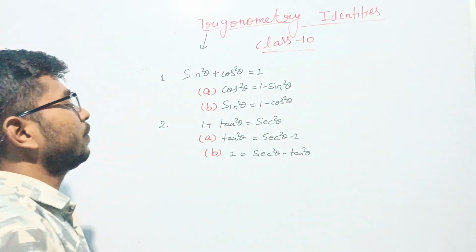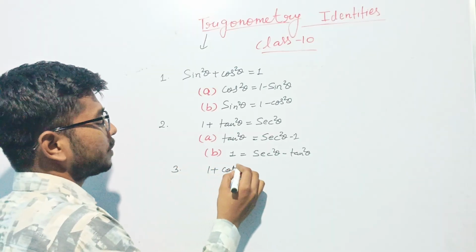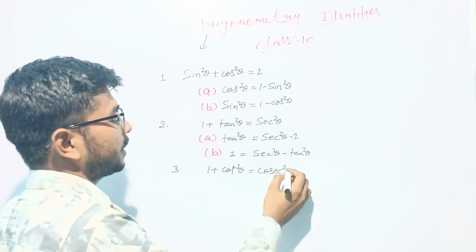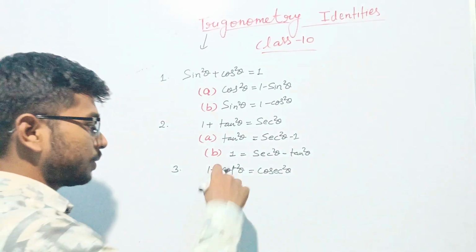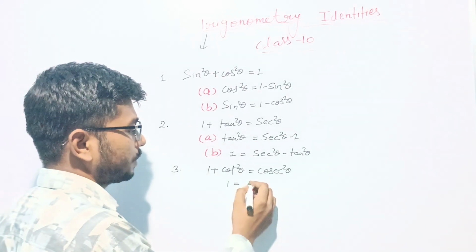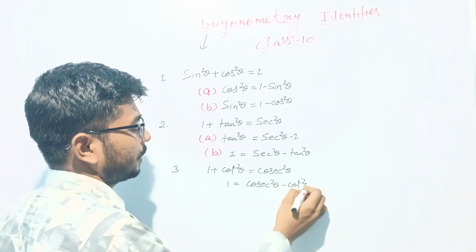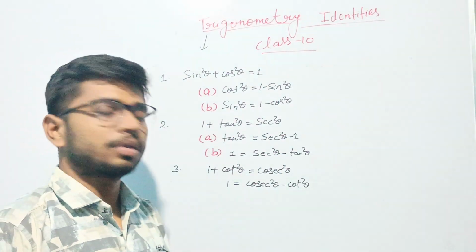Now the third formula is 1 plus cot square theta is equal to cosec square theta. Transfer this cot: 1 is equal to cosec square theta minus cot square theta.